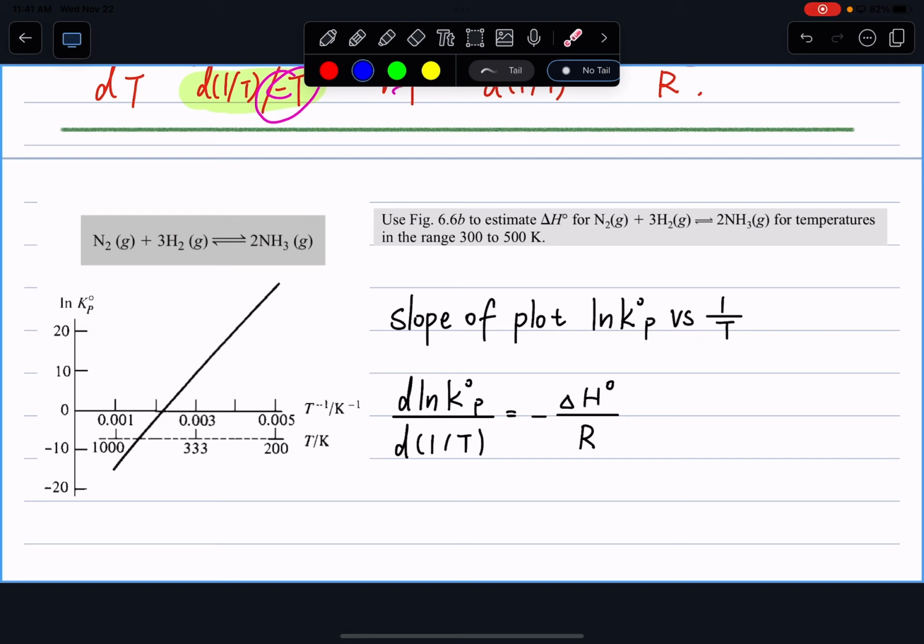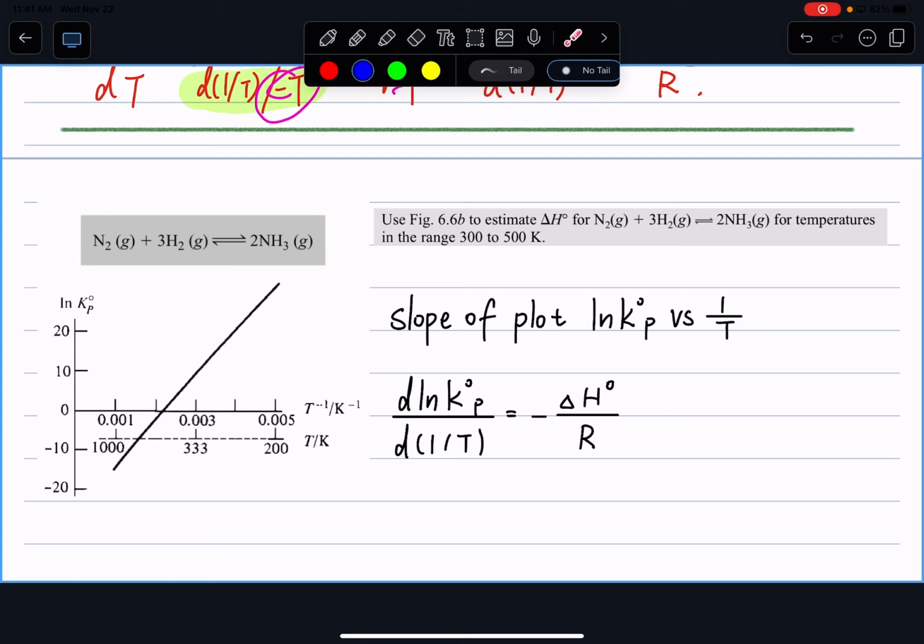On the x-axis, that's your 1 over T, or T minus 1. The dashed line just tells you what these T minus 1 values correspond to if we're only looking at temperature. And by looking at this plot, you have a way to calculate the delta H of the reaction.